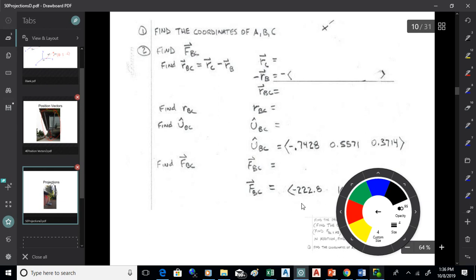You got RC, subtract off RB, get R from B to C. That will be a position vector that goes from B to C. So what we're doing here is what we just did earlier. We're going to find a force vector from B to C. So I'm just outlining the steps there. So find RBC first.